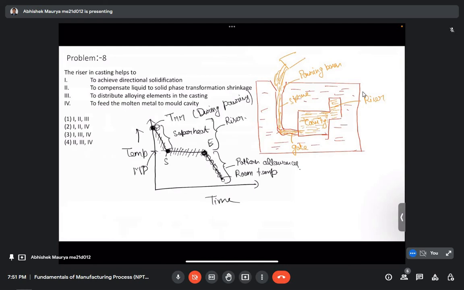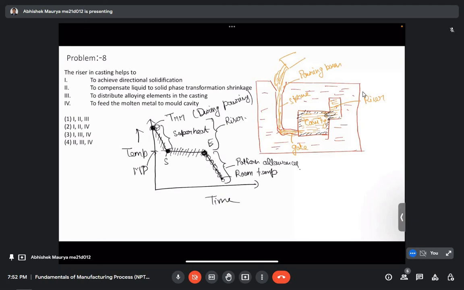So when we pour the molten metal inside the cavity, we make a riser. Basically it is a reservoir where the molten metal gets collected, and the function of the riser is to supply the molten metal when the solidification process starts. When solidification starts, some amount of shrinkage from all sides will happen, and if we don't supply this metal, then the size of the casting will reduce.